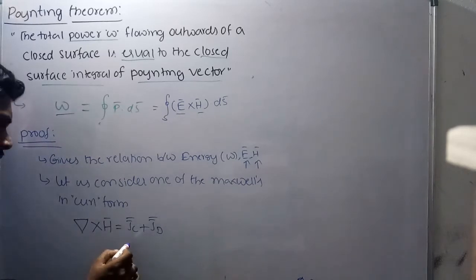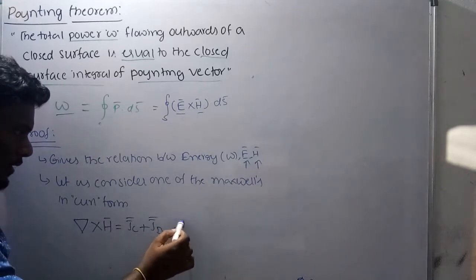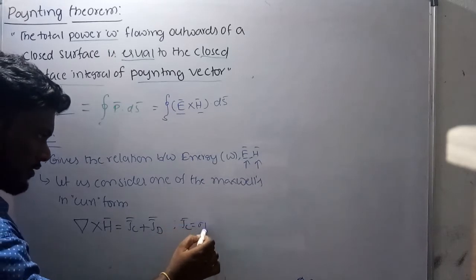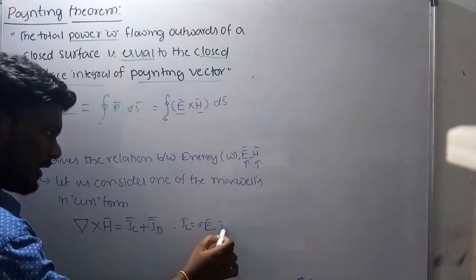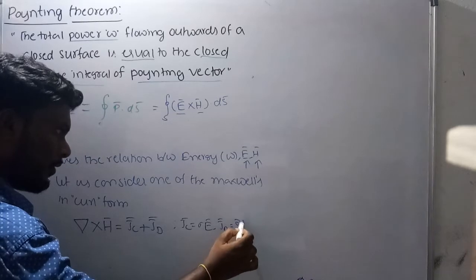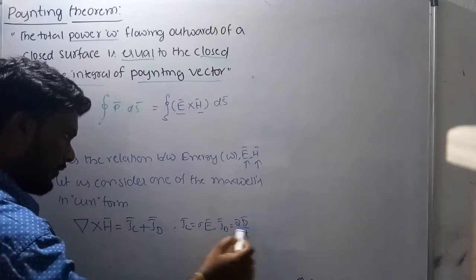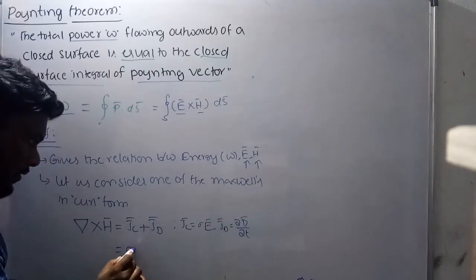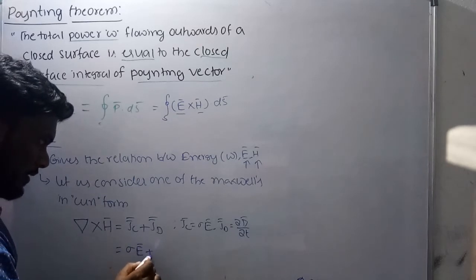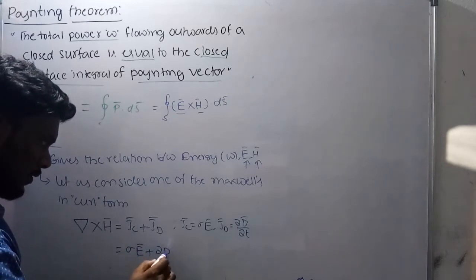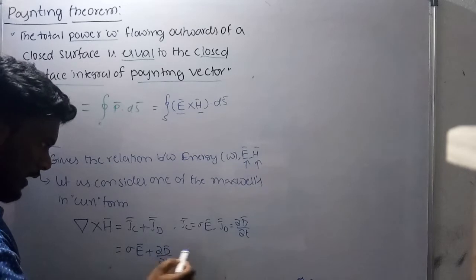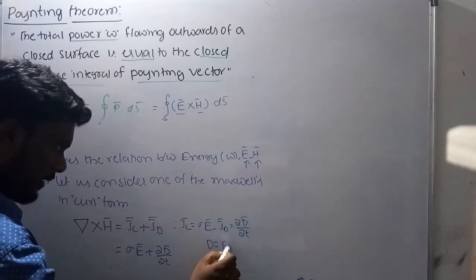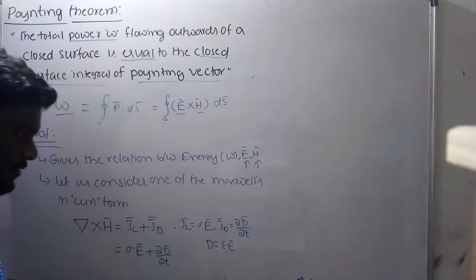Or else you can substitute. You already know about the conduction current density: JC bar is equal to sigma times E bar, and JD bar is equal to dou D bar by dou T. If you substitute these two here, then you will get sigma E bar plus dou D bar by dou T, and there is a relation between D bar and E bar also, that is D bar is equal to epsilon times E bar.